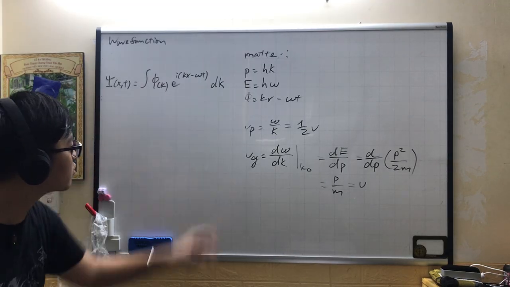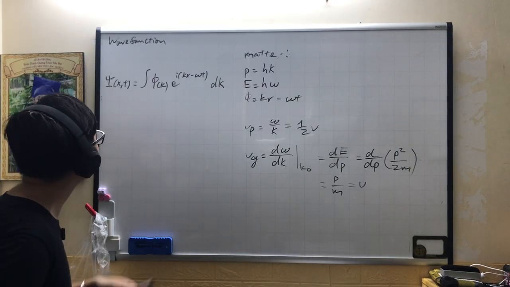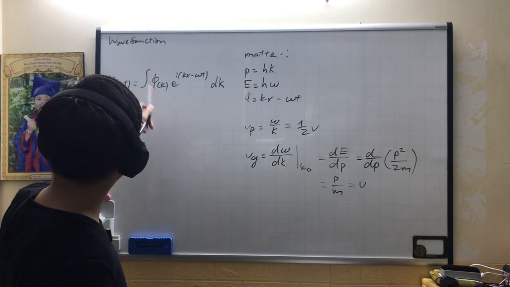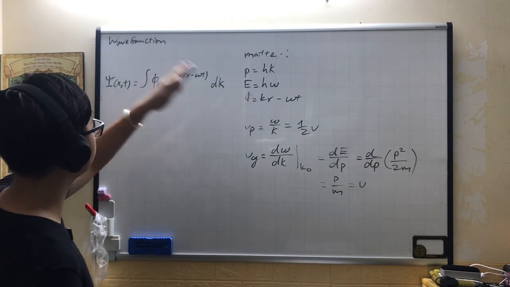This would be our group. And you would ask, what is this phi of k function here, and what does it contribute to the whole picture?